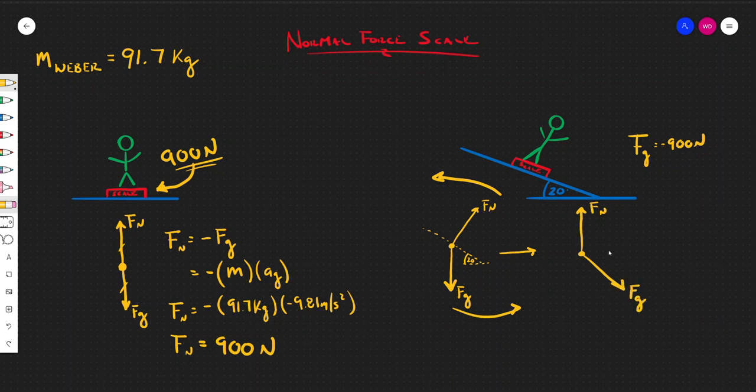So I'm just redrawing this. Now, if you took out a protractor as you turned your paper and rotated your paper, you would see that we are turning the normal force this direction and we're turning it 20 degrees. So I'll spare you the math proofs, but in order for our normal force to get from here to here, we have to turn it 20 degrees, which means that our force of gravity also rotated 20 degrees.